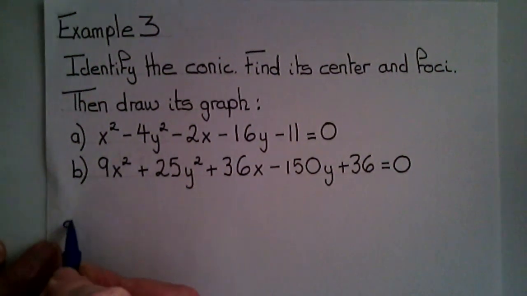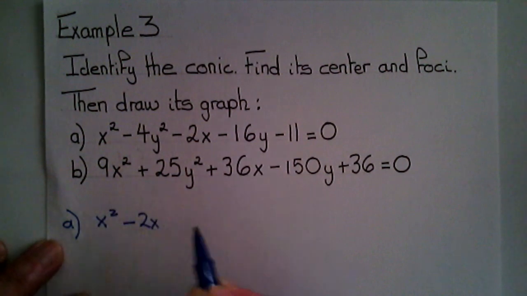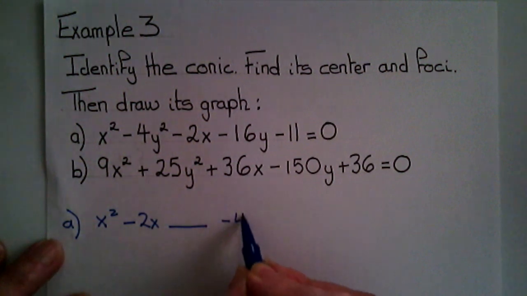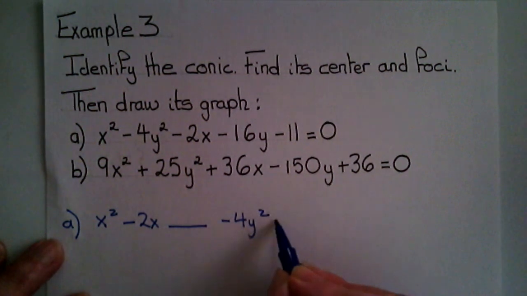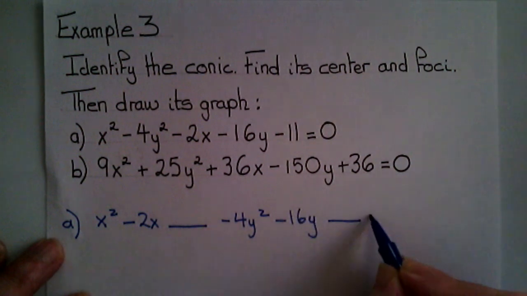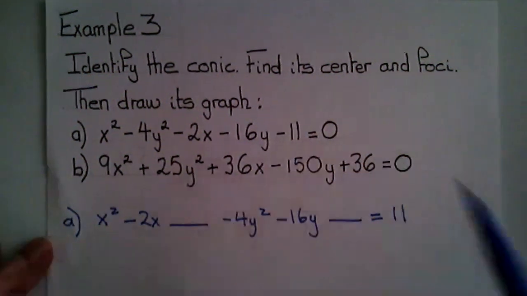So let's start with A. Put your x's together. X squared minus 2x, and then you leave a little gap, minus 4y squared minus 16y is equal to 11. So the constant term there is negative 11.